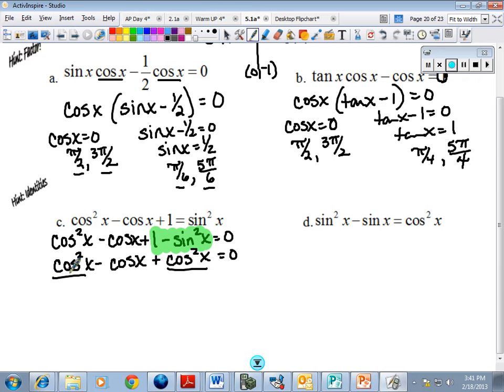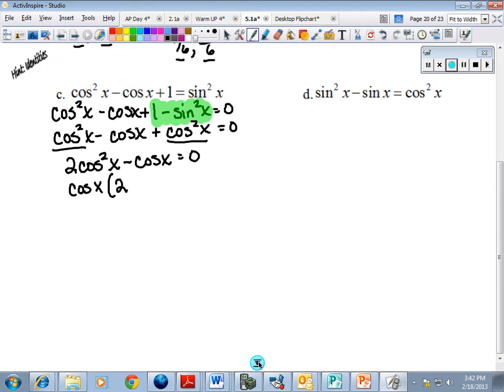Combine my like terms. One of them plus one of them makes 2 of them. I can factor out a cosine. It would be 2, I'm running out of room, 2 cosine of x minus 1. Set them both equal to 0. So this will be cosine equals a half.